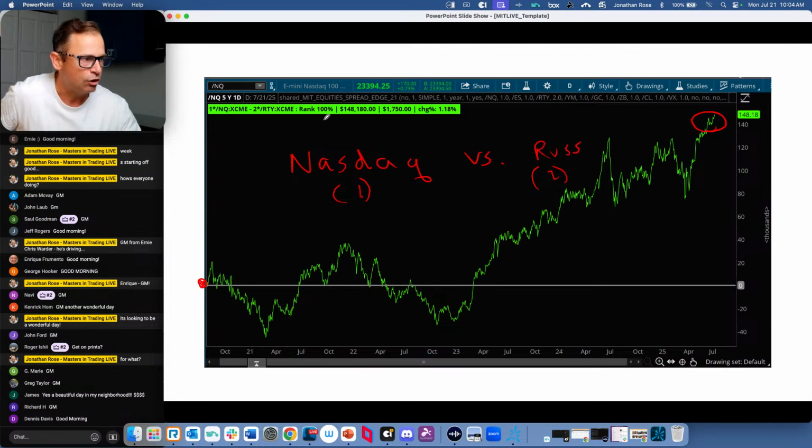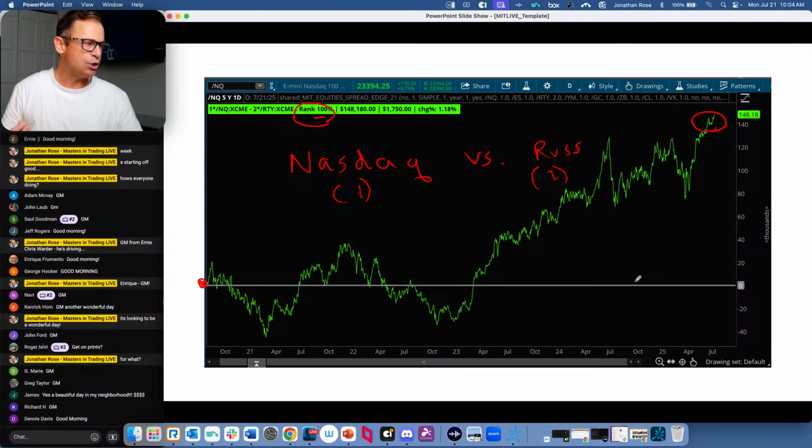Okay, it's called the 100% rank because right now, as we speak, the Nasdaq is the most expensive that it's been relative to small caps in the last 5 years. Okay, let me say that again. Nasdaq is the most expensive it's been relative to small caps in the last 5 years.